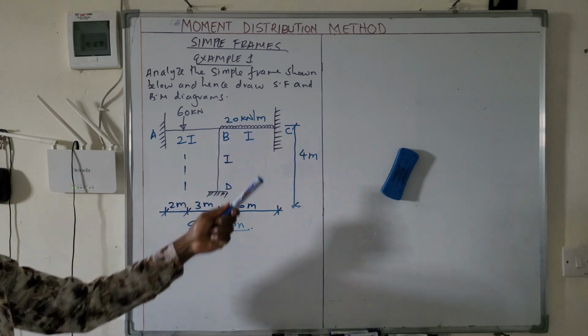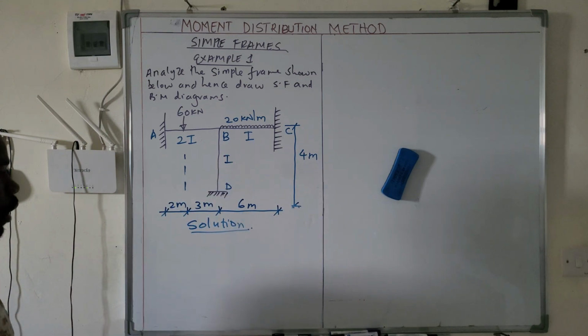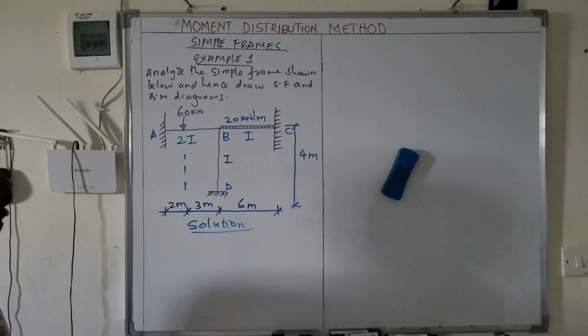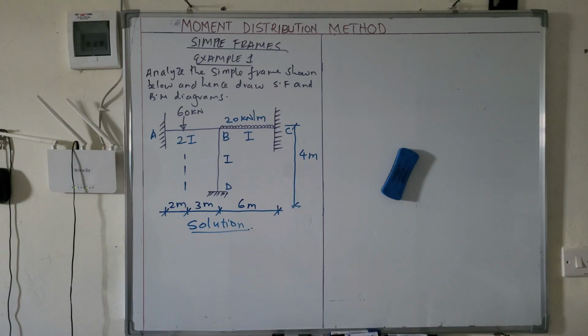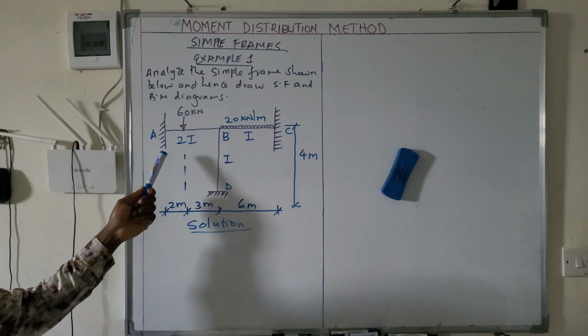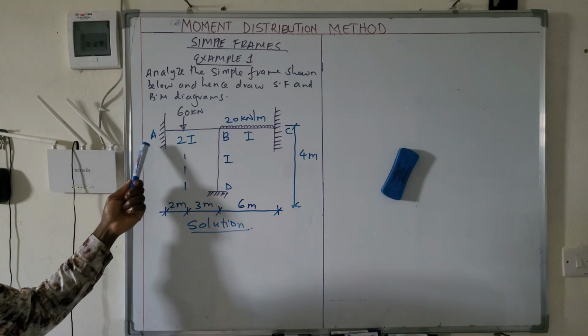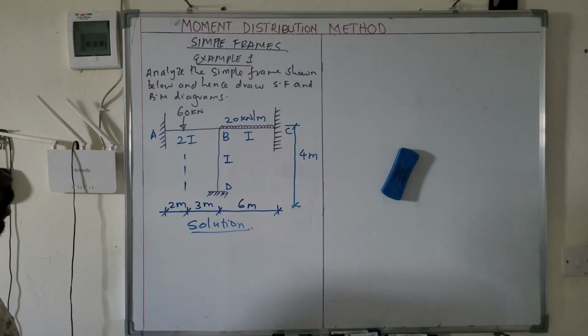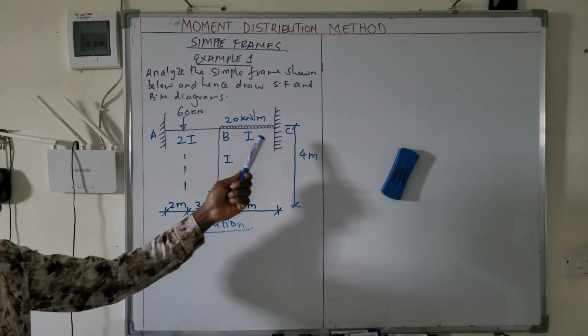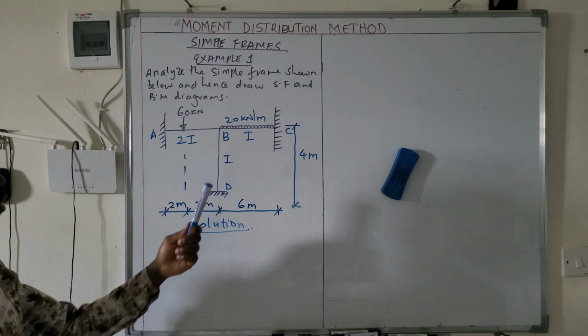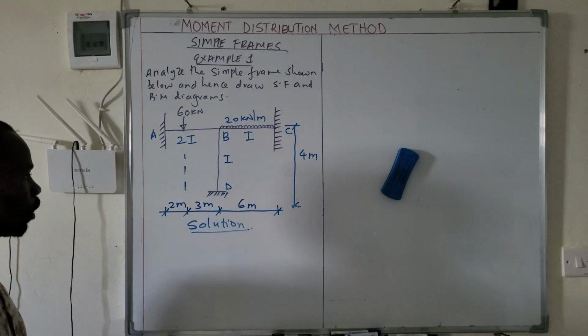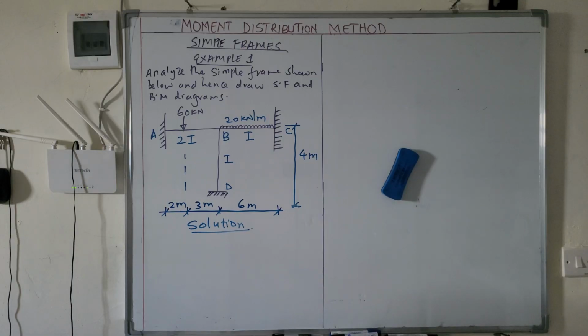This UDL is covering 60 meters length. Again, it has 2I from A to B, and then I from B to C, and then I from B to D. So let's see how we can solve such a question.